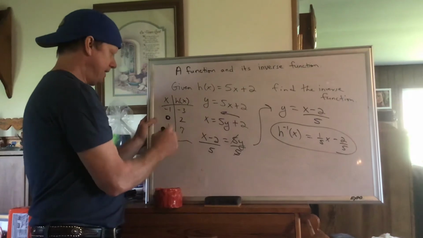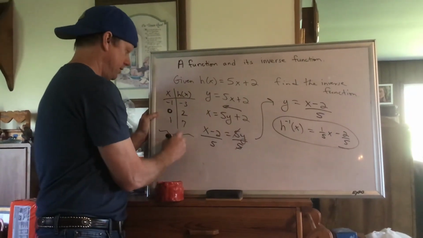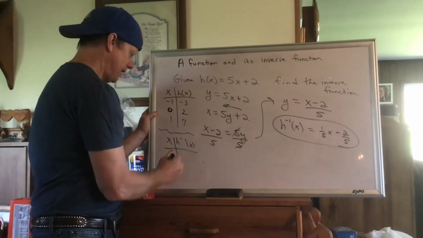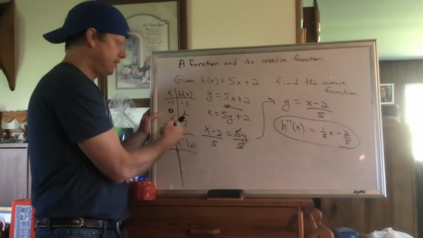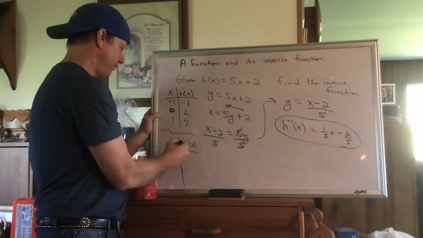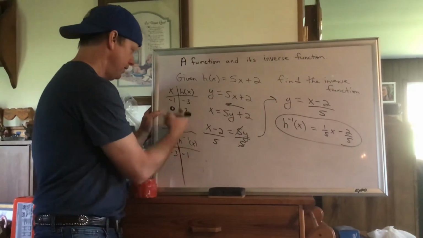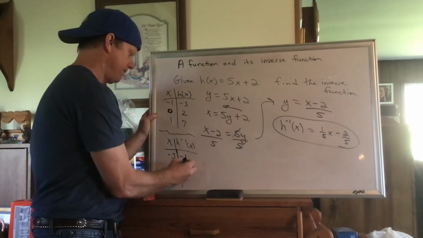And now that I know that, I already know 3 points on the inverse function. How do I already know that? Well, you just flip-flop your table here. And so 3 points on the inverse function would be (-3, -1), (2, 0), and (7, 1).